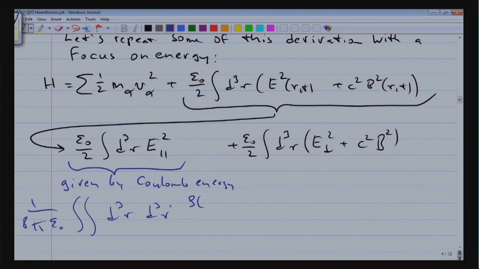Where we have charge density at position r and r prime interacting with the Coulomb interaction.